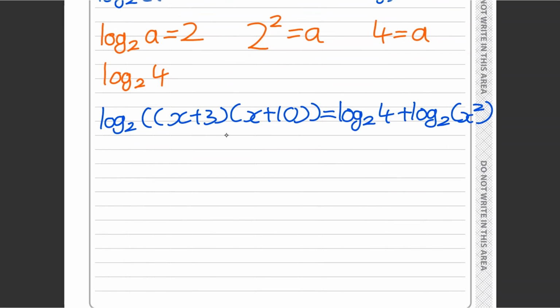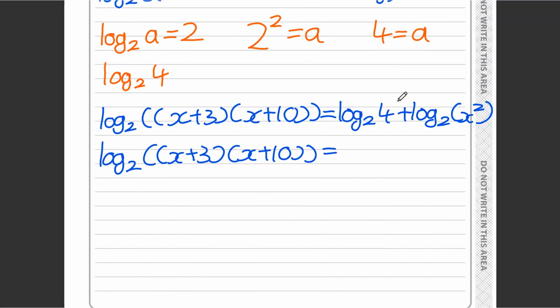Now we can simplify this because we can combine these two logs as they're adding together. We combine the two logs by multiplying what is inside the log, so it's going to be log base 2 of 4 times x squared, so this is going to be 4x squared. And now we have log base 2 of this is equal to log base 2 of this.